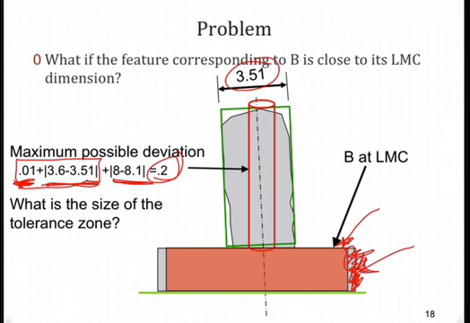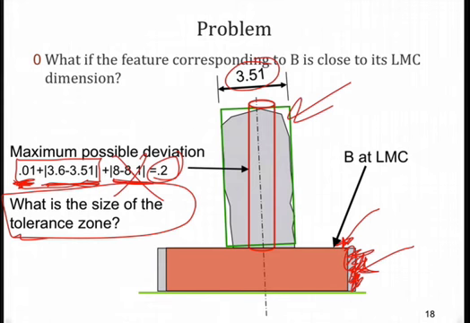However, the original design did not take into account this possible deviation in B. So our tolerance zone is still the original 0.01 plus deviation from the part feature's material condition. And now we've biased the size of the tolerance zone. In other words, we're going to accept parts, again, that will not assemble later on. That's going to be a problem.